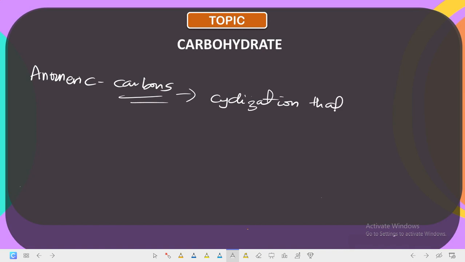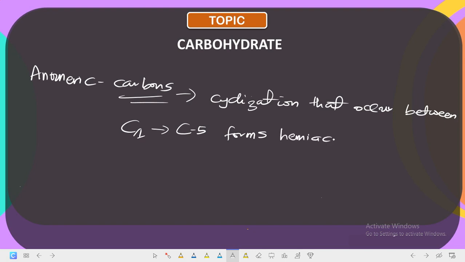Now, the cyclization that occurs between carbon 1 of glucose and carbon 5 forms hemiacetal, and what? Hemiketals, depending on if it is ketone. Okay, it forms hemiacetal for aldehyde, and then for ketone, it is between carbon 2 and carbon 5.